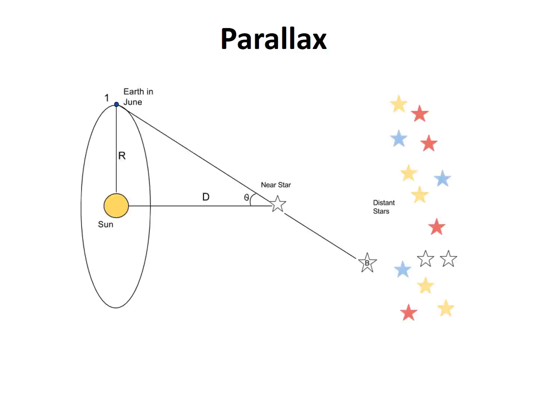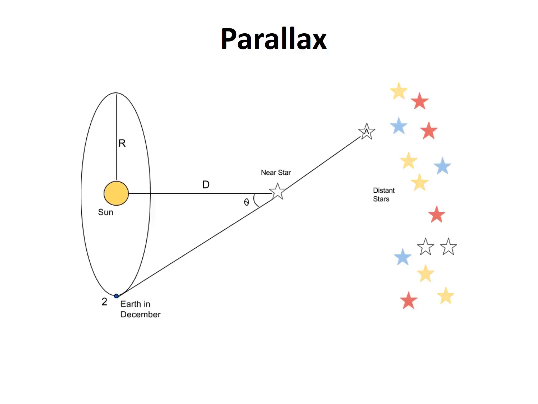If the bright star was nearby and the faint one far away, then the nearby star should shift its position with respect to the faint star over a 6-month period due to the orbit of the Earth around the Sun. This shifting is called parallax. When Earth is at position 1 in June, the near star appears at B with respect to the background stars. 6 months later, when Earth is at position 2, the near star appears to have shifted to A with respect to the distant background stars.